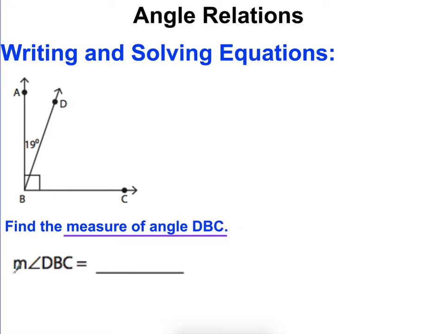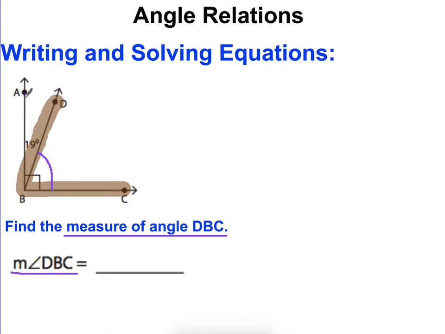So if you're writing this, you can just write m, angle symbol, DBC. We need to remember how to label angles and how to follow them. So DBC, D to B to C, this is the angle that I want to find. It would really benefit us to mark the angle that we're finding.